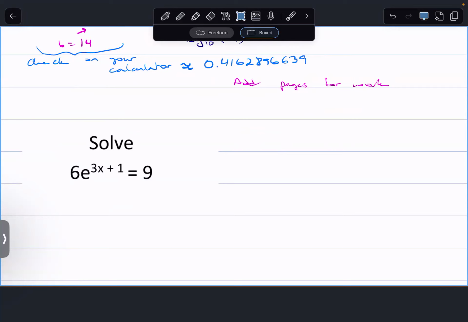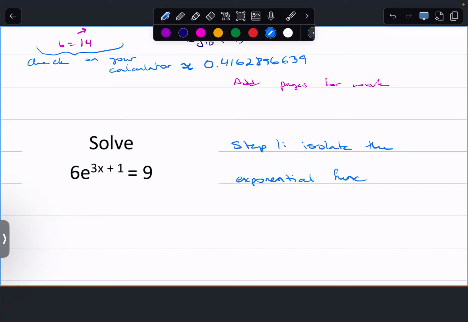If we have to solve this monster, first thing we're going to do is, okay, I have an x in the exponent, which means I have to isolate the exponential function still. So let's start there. Step 1: isolate the exponential function.